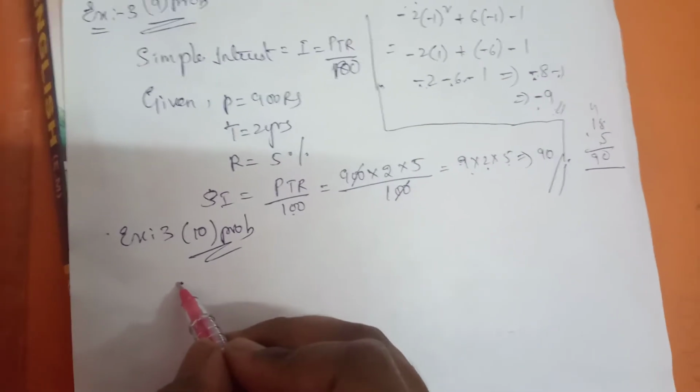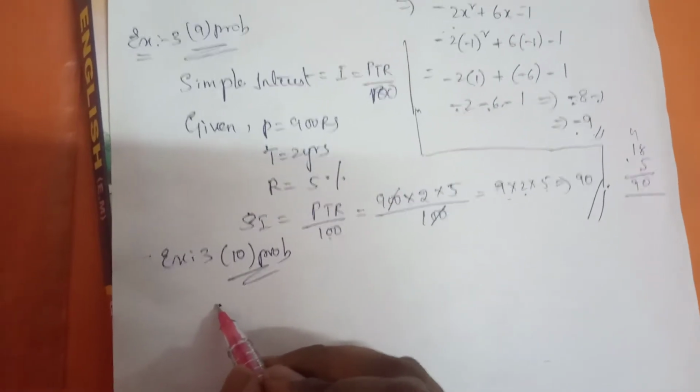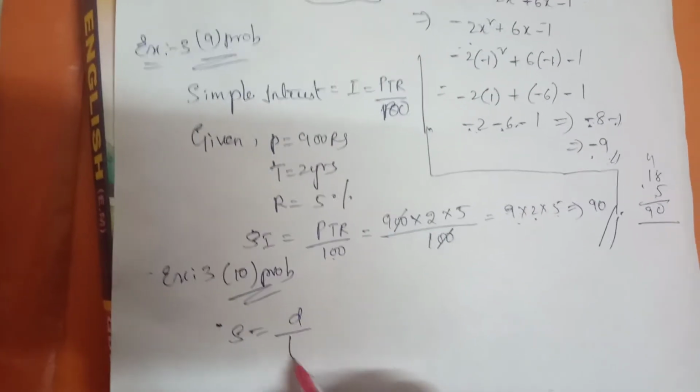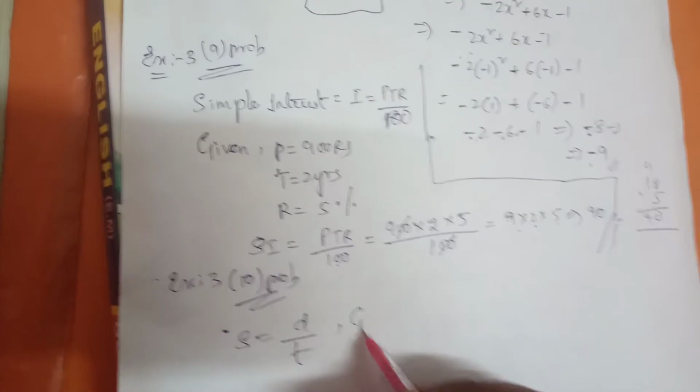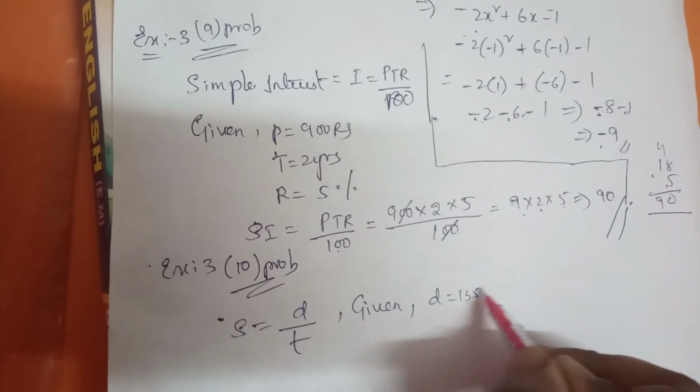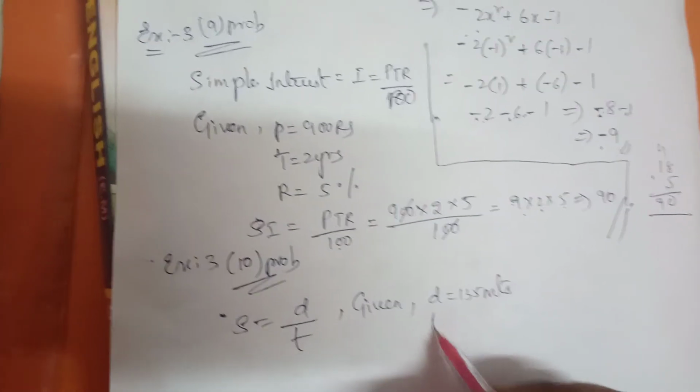We know the relation: speed equals distance by time. What values are given? D equals 135 meters and time equals 10 seconds.